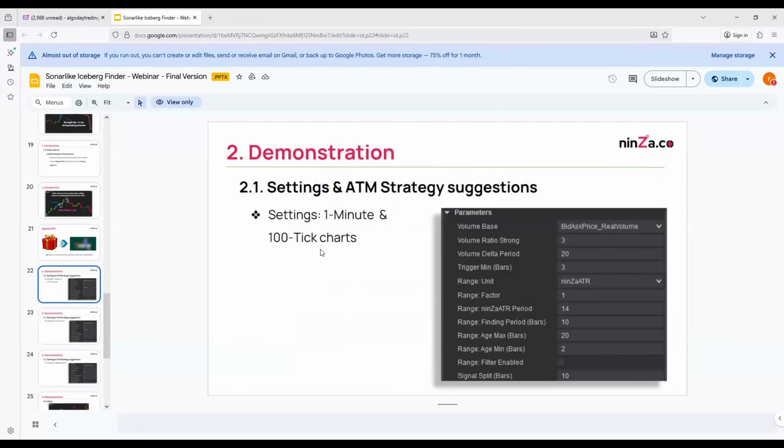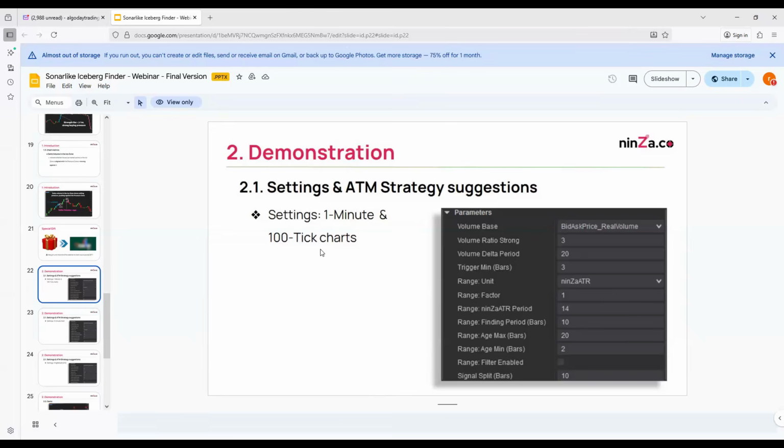An indicator that measures institutional participation, in my opinion, should be on slightly higher time frames, because that's how you understand what it is they want to do. On very small time frames, it's just too many trees and you don't see the forest.